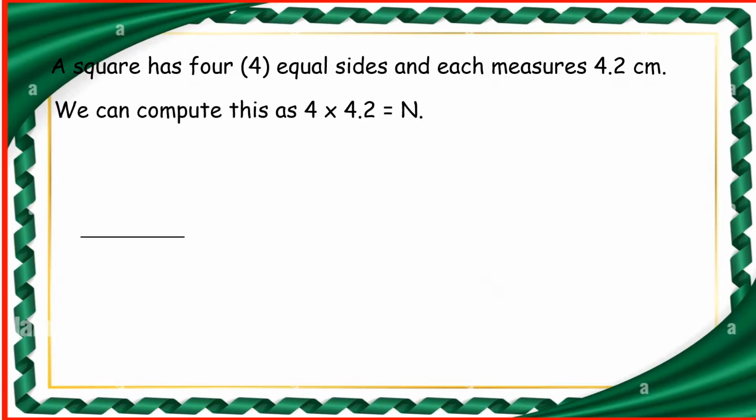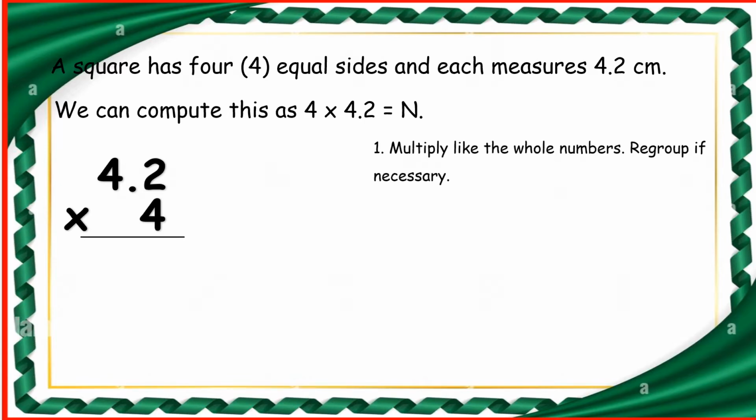We can put this as 4 times 4.2 equals n. So 4.2 times 4. So we will multiply first like the whole numbers. Regroup if necessary. So multiply first 2 times 4.